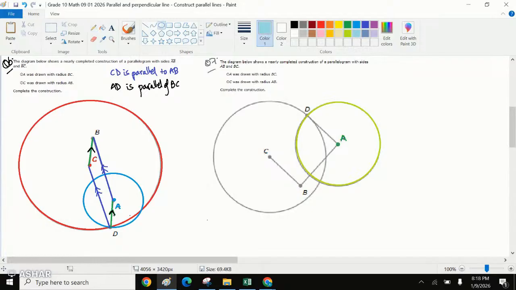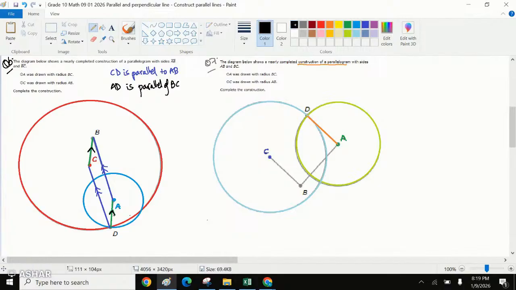And the center of the larger circle was point C. Okay, this is point C given to us. What we need to do is construct a parallelogram. So what is given to us? We can say that AD is the radius or the diameter.